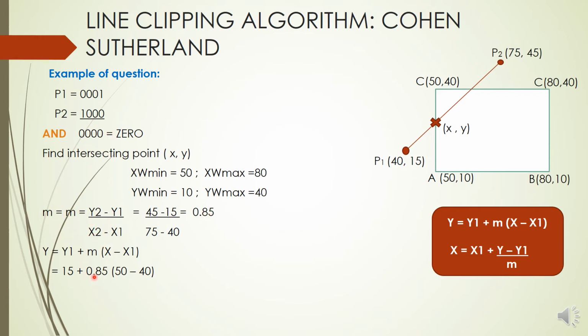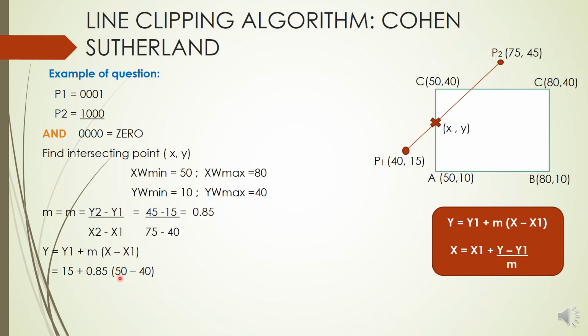For x, we need to observe from this figure. The x here is on the left border, which is XW min, so x is always 50.